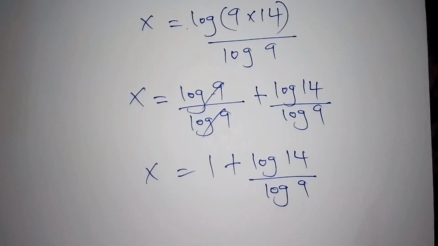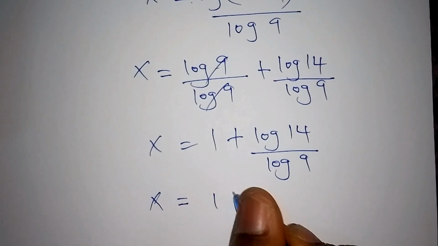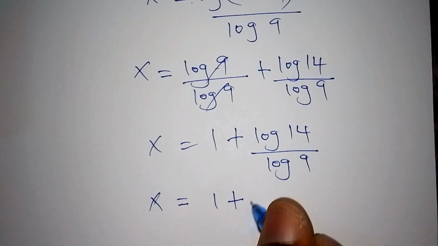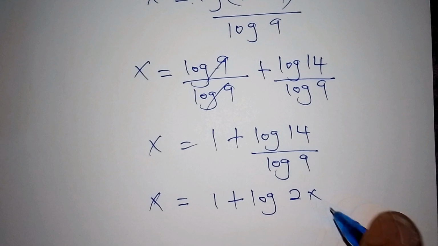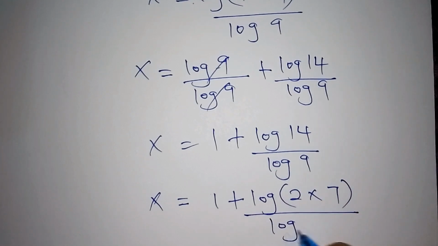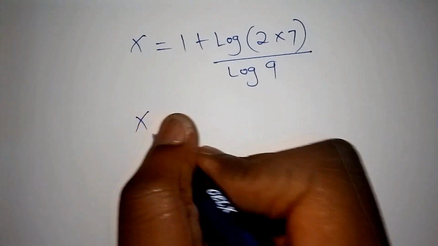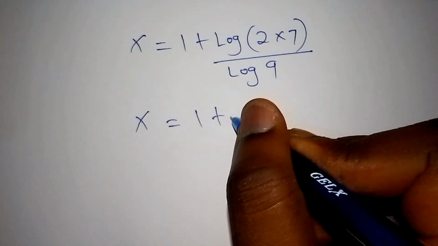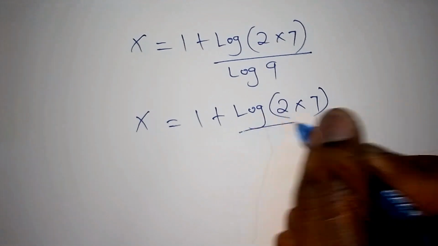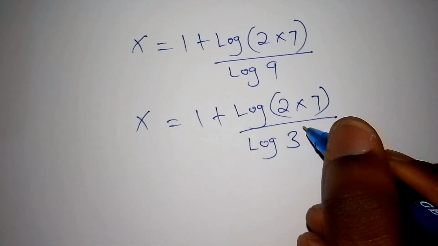Now x is equal to 1 plus, the log of 14 can also be written as the log of 2 multiplied by 7 all over the log of 9. The log of 9 can also be written as the log of 3 to the power of 2.